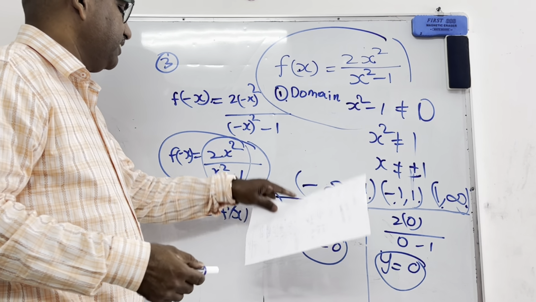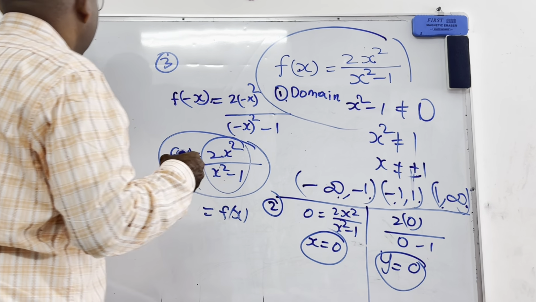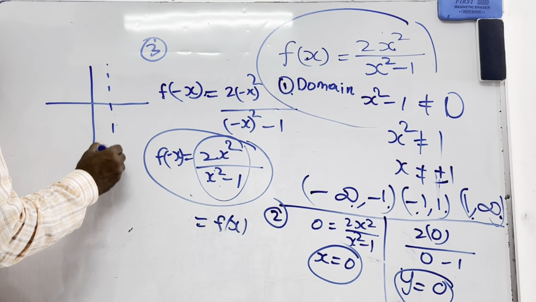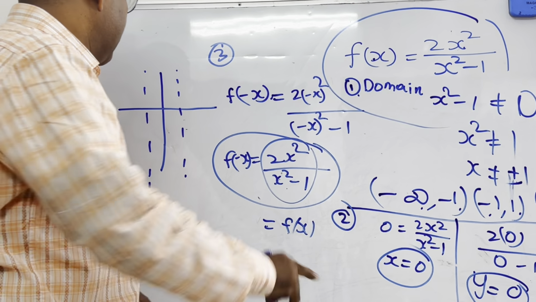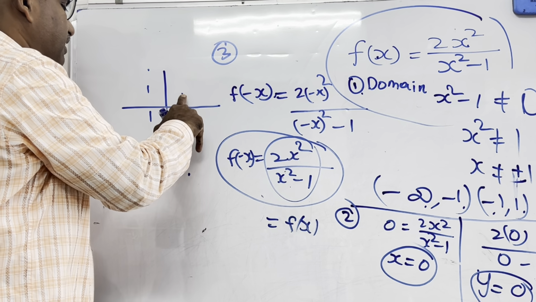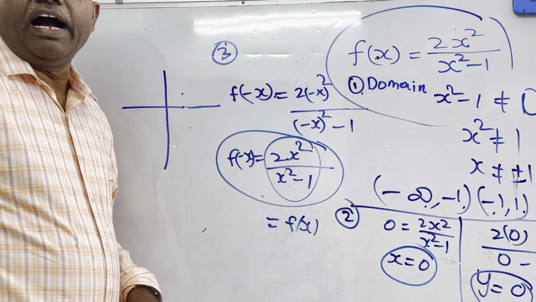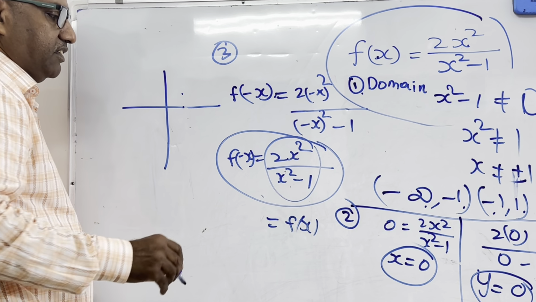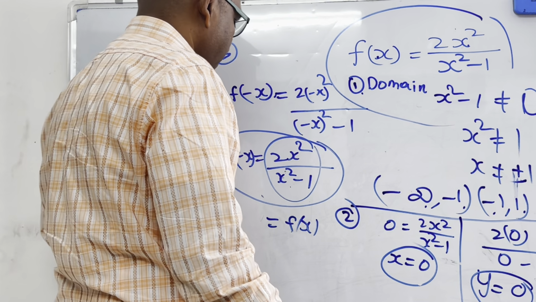So with these 3 points, the domain, intercept and symmetry, what did we get? At minus 1 and 1, there won't be any values. And the curve is passing through the origin.